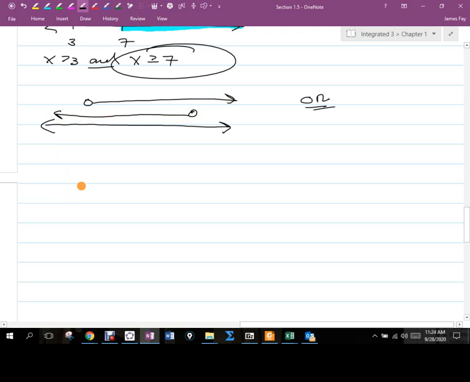Or means that when we find our final answer, we include everything from both. Does that make sense? Will there be any numbers here that don't get included in my solutions? If you end up with solutions that look like this, you graph and you get solutions like this, and you're using the word or, then your answer will yield all real numbers. That would be your answer.